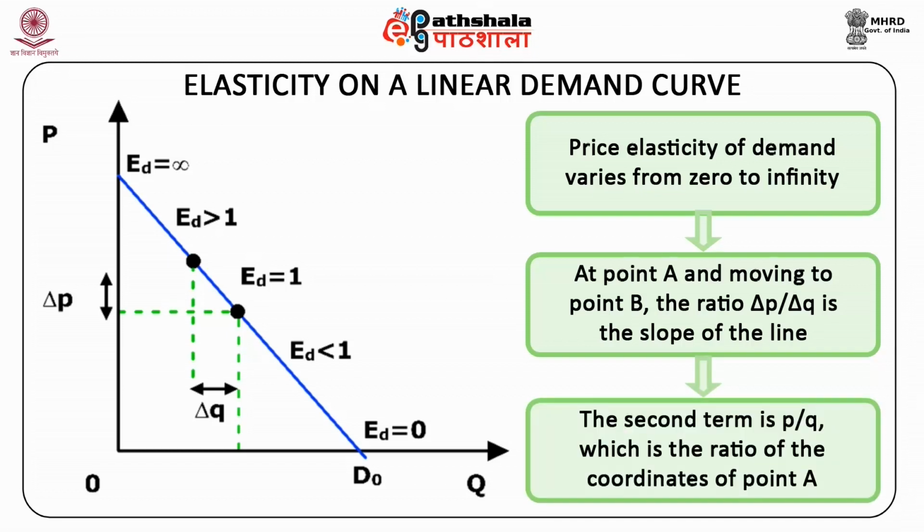The second term is P / Q, which is the ratio of the coordinates of point A. Since the slope, change in P / change in Q, is constant, it is clear that the elasticity along the demand curve varies with the ratio P / Q, which is 0 where the curve intersects the quantity axis and infinity where it intersects the price axis.